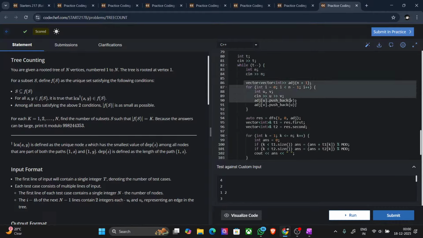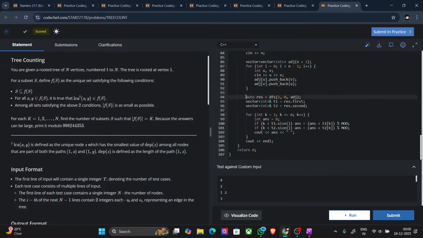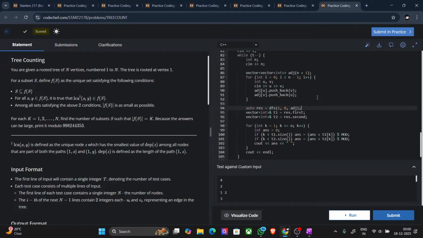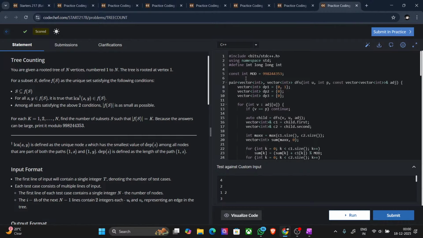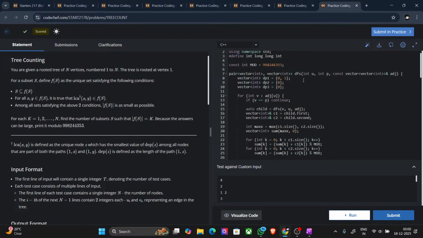I have made an adjacency list and pushed the two edges U and V. As it is an undirected tree, we have pushed from both sides. Now I have written a DFS. What does this DFS return?